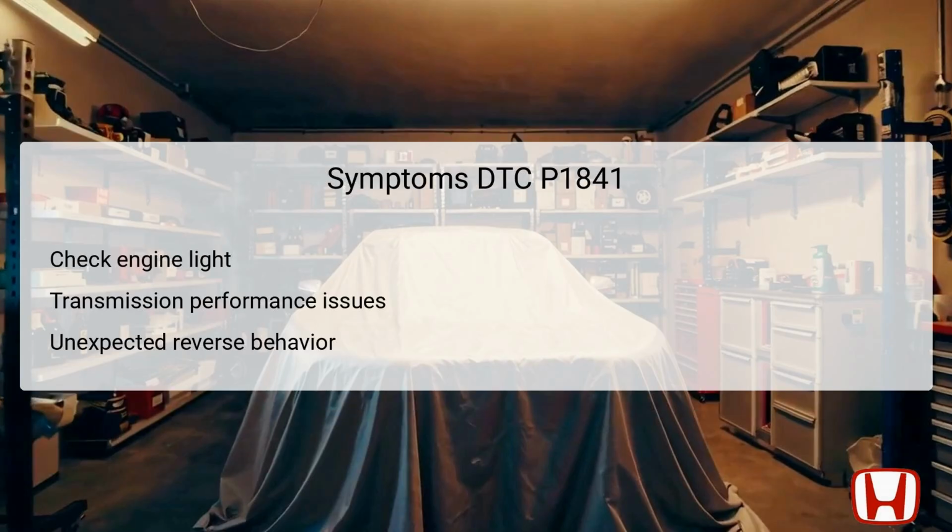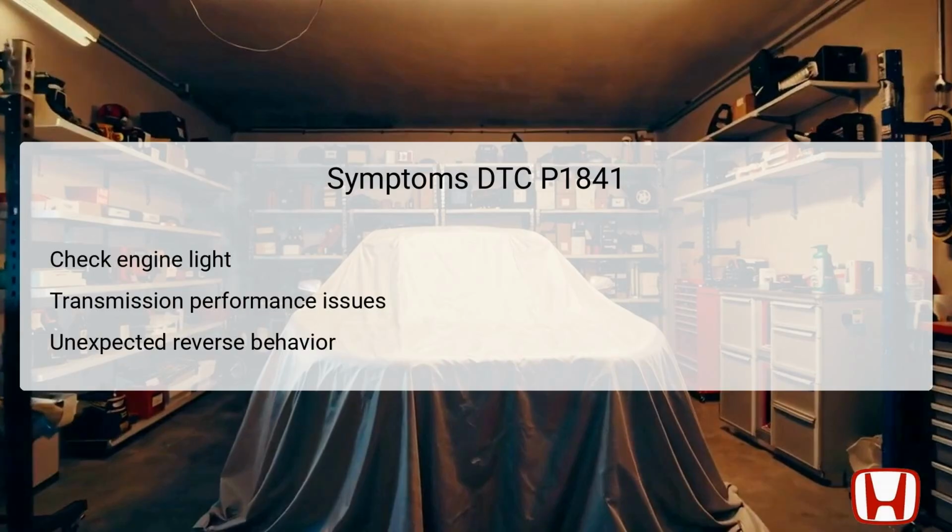Various symptoms often accompany the P1841 DTC, signaling that the vehicle is experiencing issues with its transmission system. A common indicator is the illumination of the check engine light on the dashboard, serving as a warning that something is not functioning correctly. Drivers may also encounter transmission performance issues, such as delayed engagement when shifting into reverse, difficulty maintaining reverse motion, or even unexpected shifts in direction.